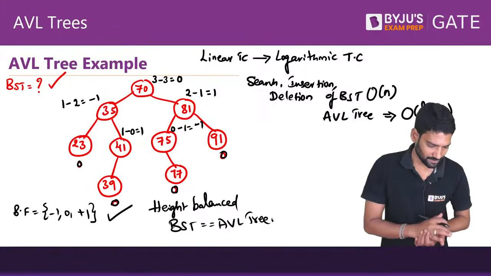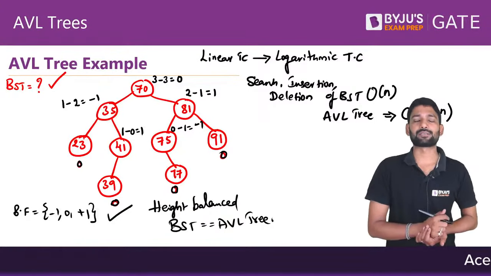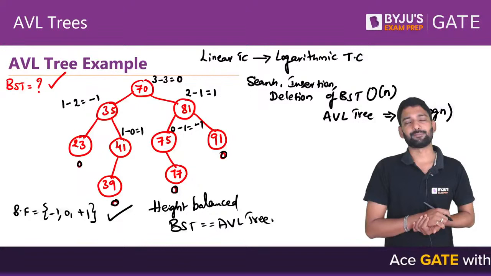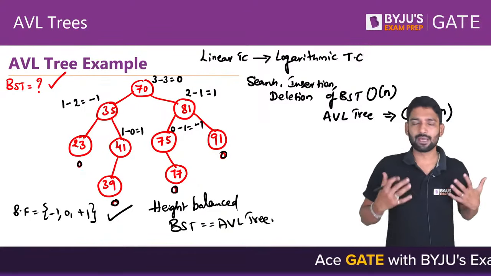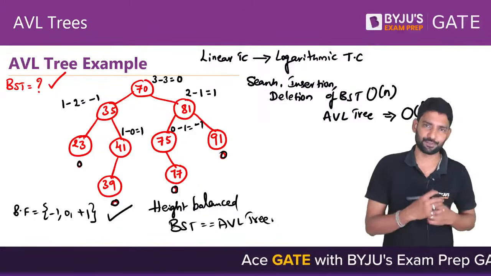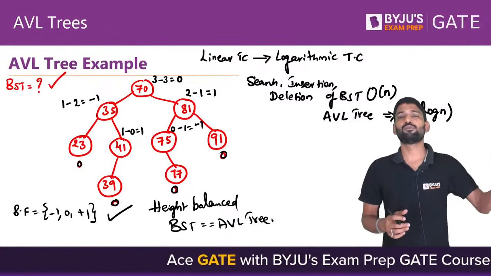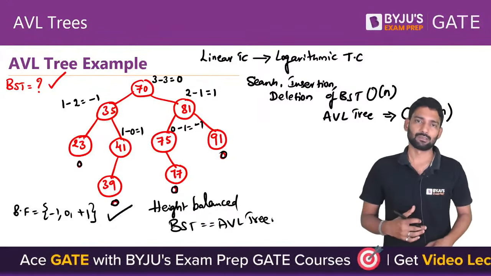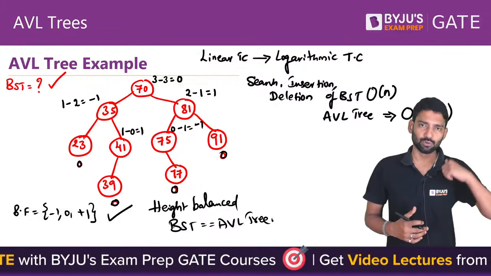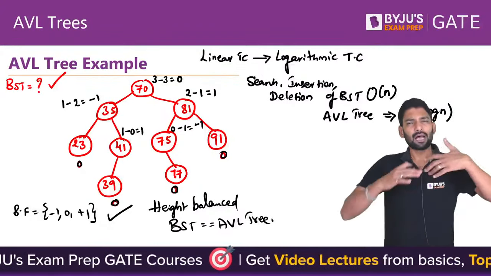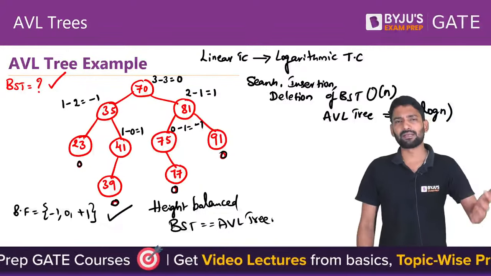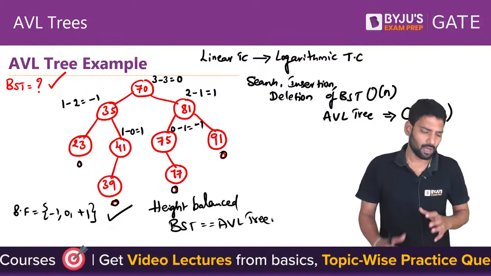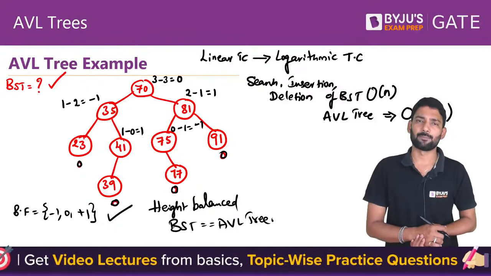Now comes the question: how to balance? Say we have got some tree which is not balanced, meaning some node's balance factor is not in minus 1, 0, plus 1. Let's say it is 2, minus 2, or 3, something other than minus 1, 0, plus 1. So how do we balance such a tree?